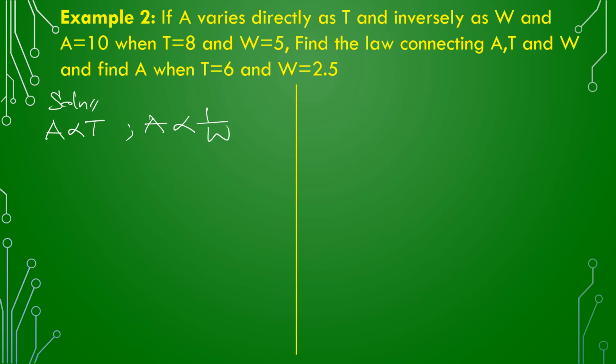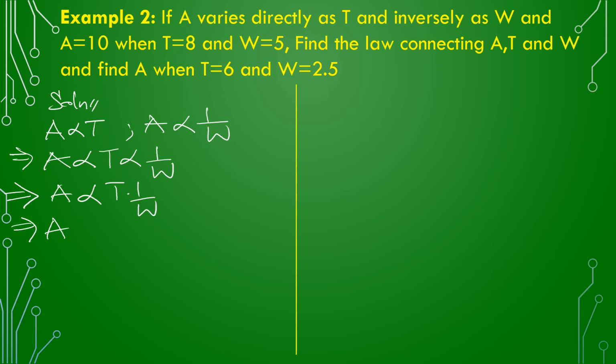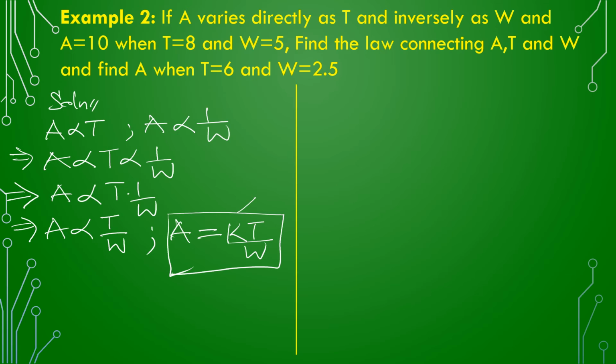This simply means that a varies directly as t and inversely as w, because t times 1 over w is t over w. Now this implies that a is equal to k t over w. Now take note of this equation. Let's call it equation 1.